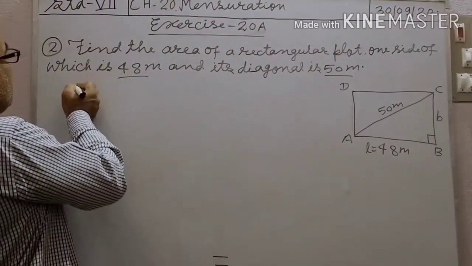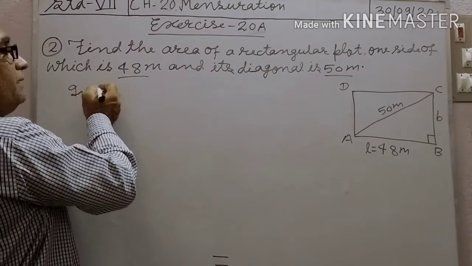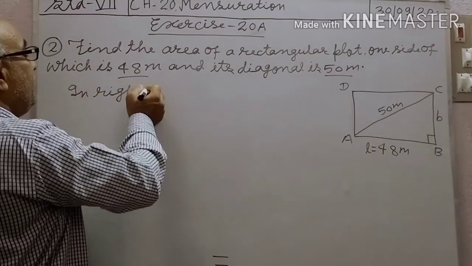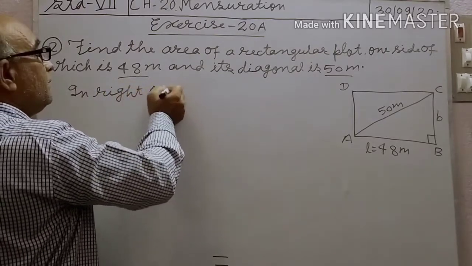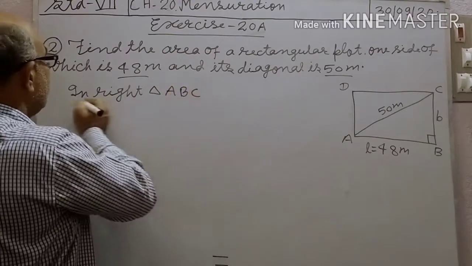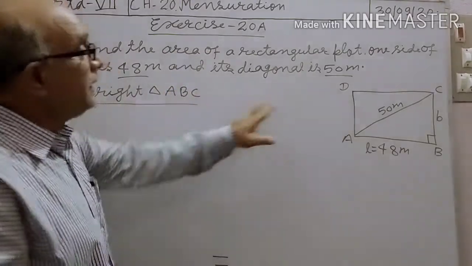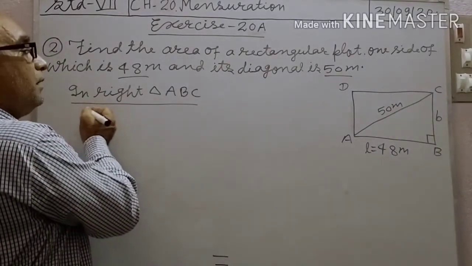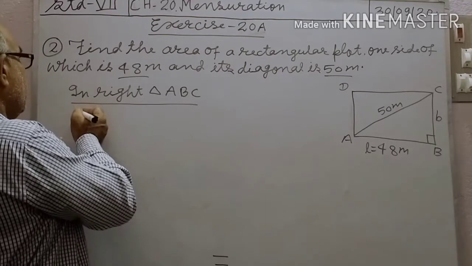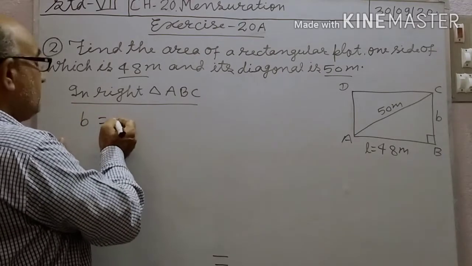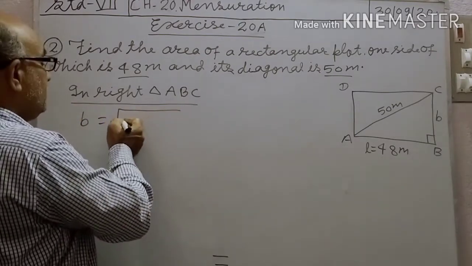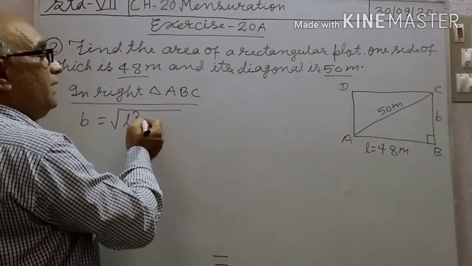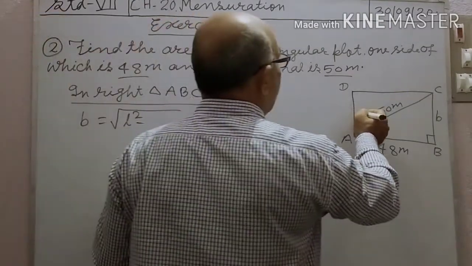So in right triangle ABC, breadth equal to under root diagonal square minus L square.